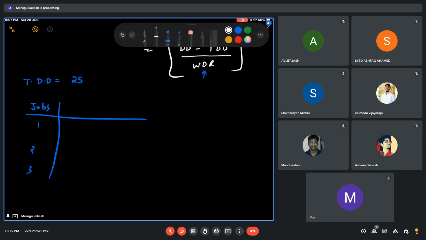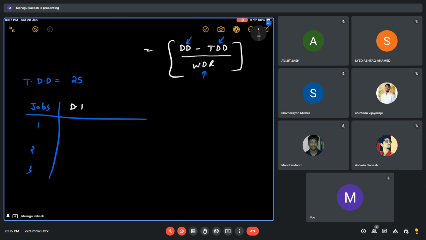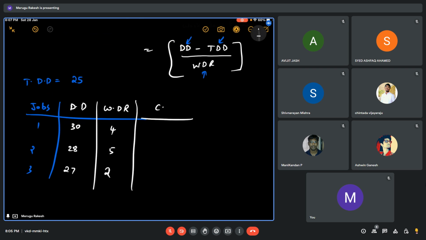The due dates are 30, 28, 27. Work days remaining are 4, 5, 2. Accordingly, we will calculate the critical ratio, and we will schedule according to that critical ratio.